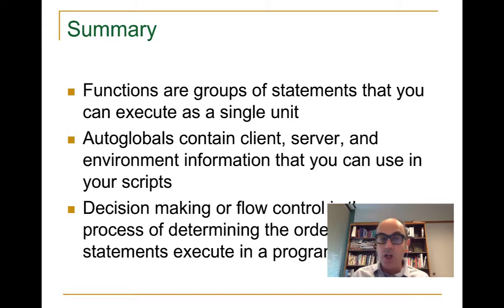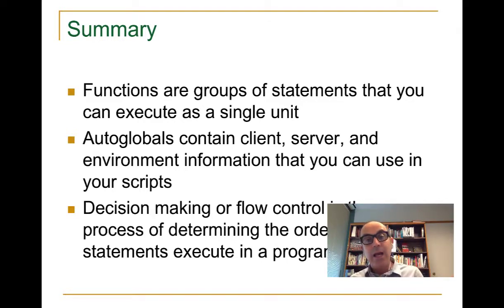We talked about functions as a group of statements that you can execute as a single unit. We talked about how auto globals contain client, server, and environment information that you can use in your script, and the decision making or flow control that lets you control how you execute your program.